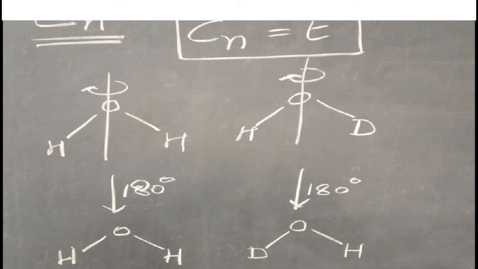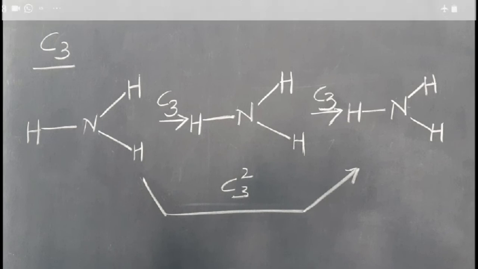You can observe there as written on the lower side. So D is on the left hand side, hydrogen is on the right hand side. That means, can you say now that your image has the same configuration as the original one? Definitely not. So I can say in case of an HOD type of molecule, no C2 rotational axis is possible.